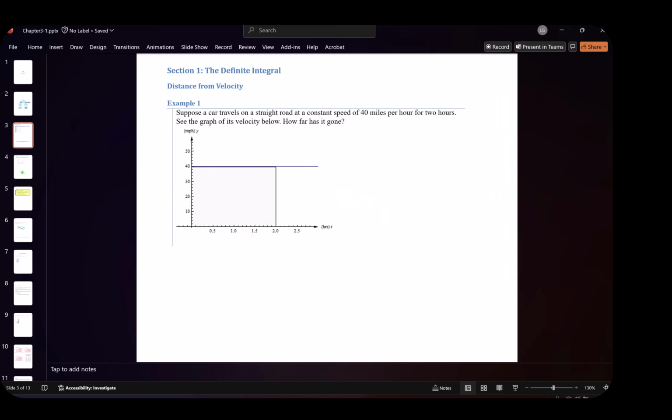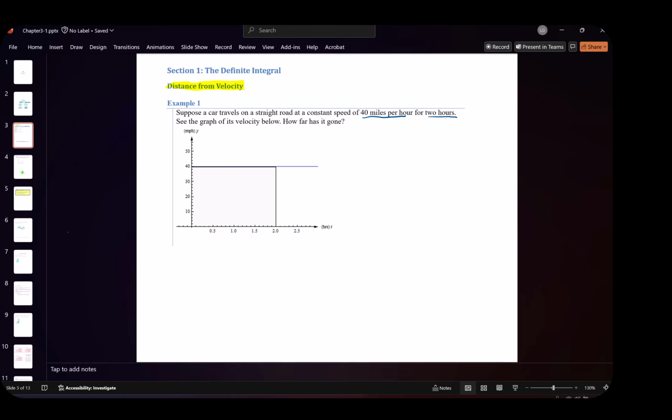Let's start with this example. Suppose a car travels on a straight road at a constant speed of 40 miles per hour for 2 hours. Y is in miles per hour and X is time in hours.